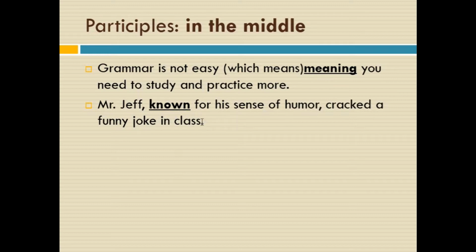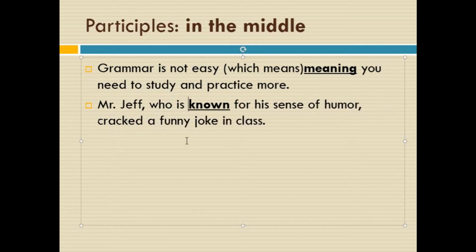Because Mr. Jeff is the object of this sentence, okay? He's being used as the object of this sentence, and you should understand that I am actually omitting who is, right? Mr. Jeff, who is known for his sense of humor, cracked a funny joke in class.